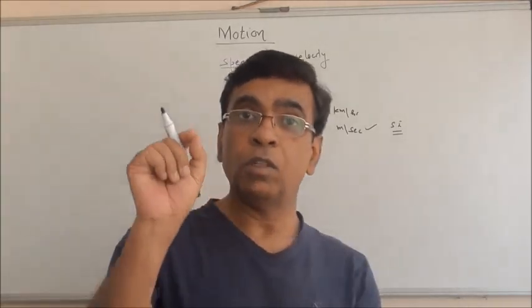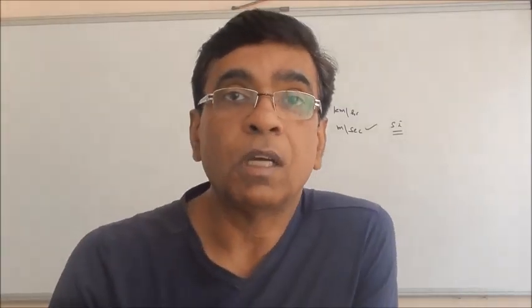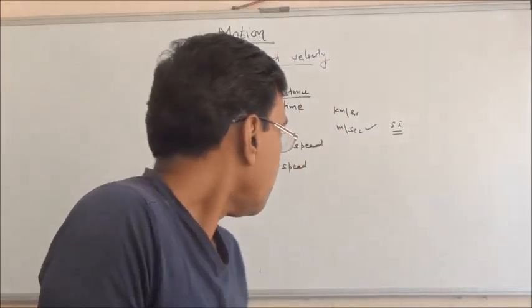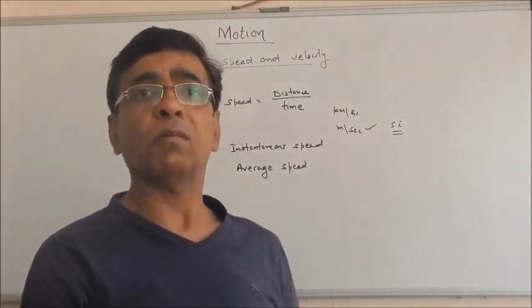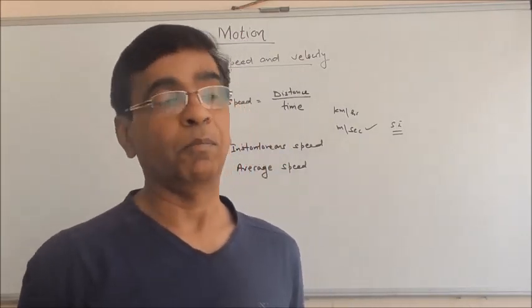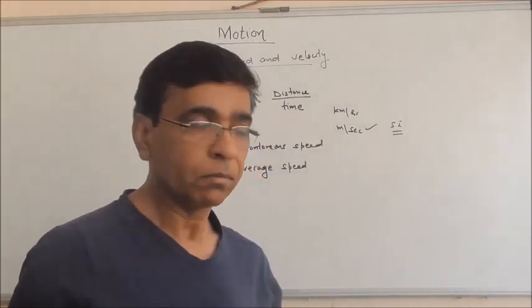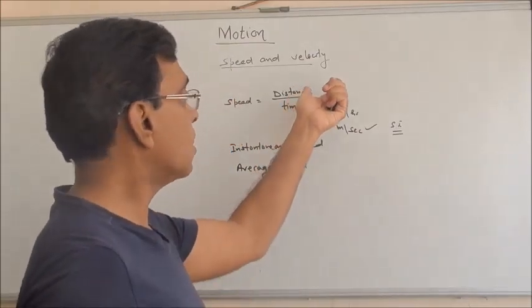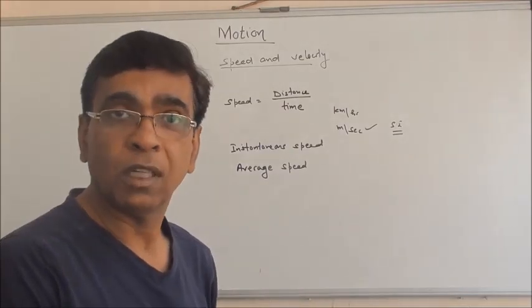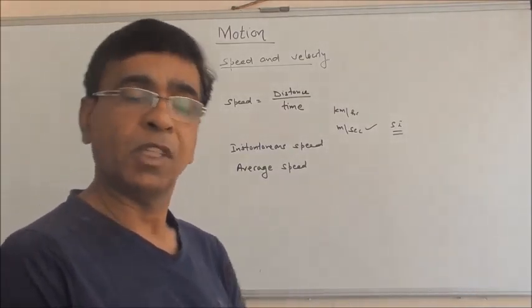It tells about the speed with which the car is running at that particular moment when you are looking at it. Average speed tells us about the total distance covered in a given time. So what we talked about, the total distance was 1 kilometer and time was 10 minutes or 5 minutes, that was actually average speed.